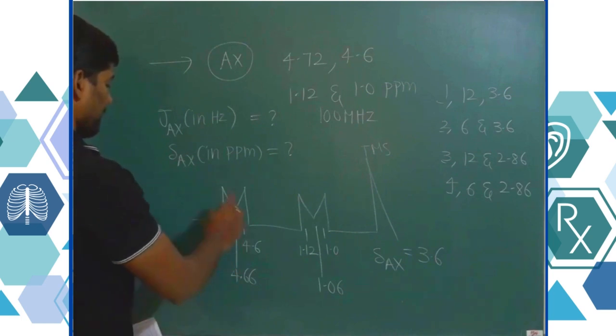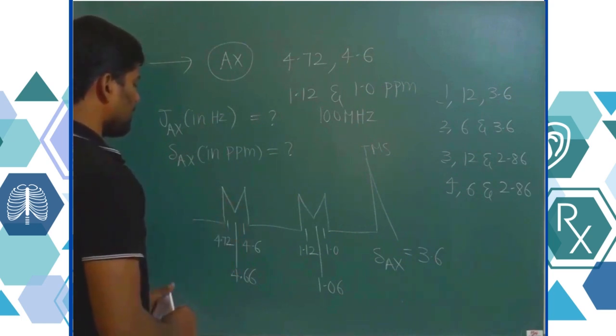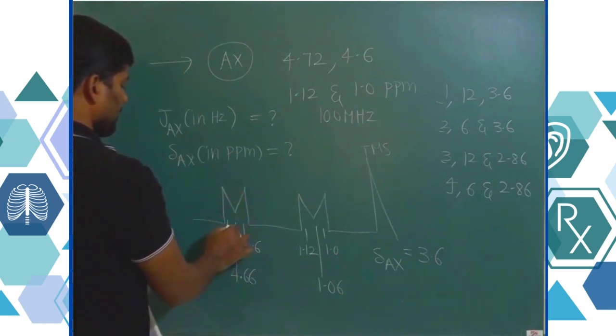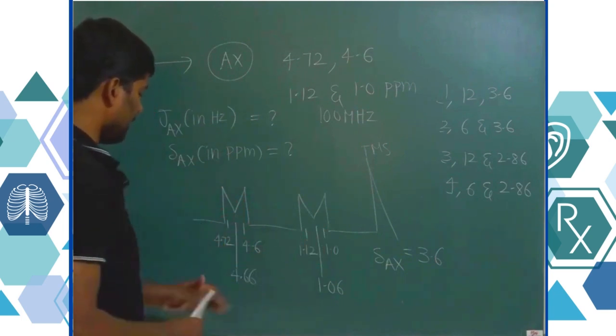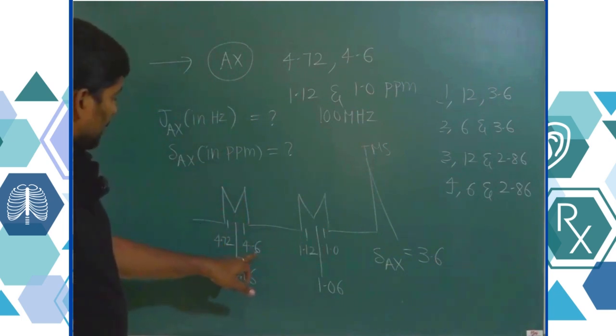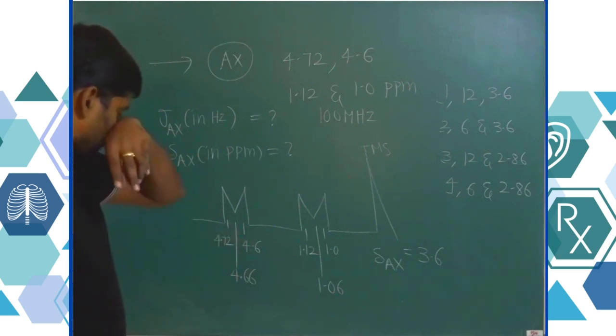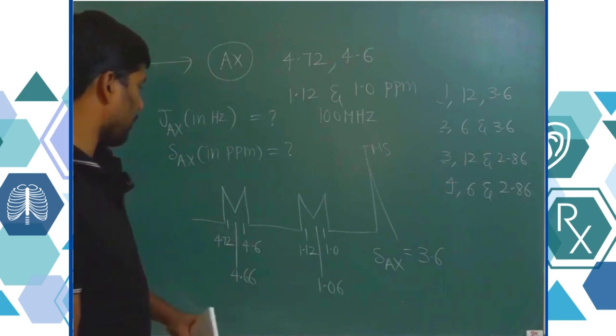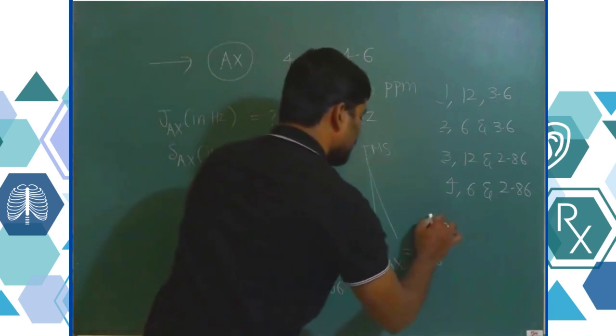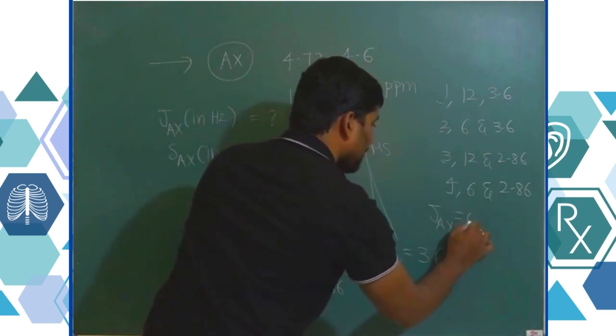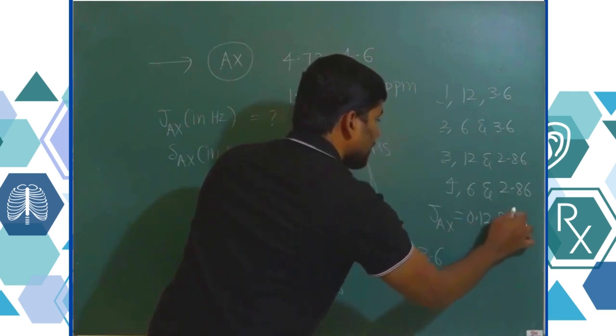And what is the coupling constant? The gap between two adjacent lines. The gap between 4.6 and 4.72 is 0.12, so the coupling constant is 0.12 in ppm.